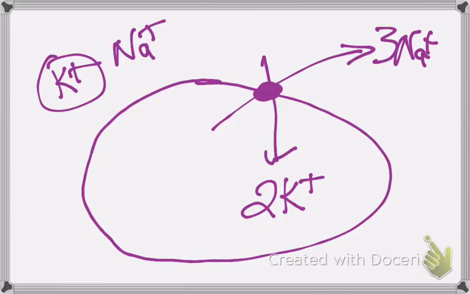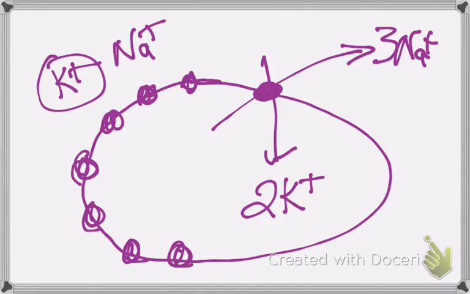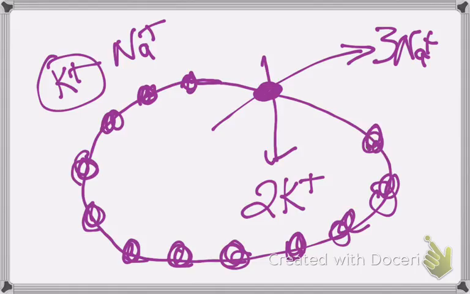Okay, so how many of these pumps do I need? If I have a lot of voltage, 70 millivolts is a lot of voltage, then does it make sense that I have an abundance of these little sodium-potassium pumps? What are they all doing? Pretty much all the time. Whether you're awake or asleep, whether you're sending a nerve impulse or not, they're pumping away. They just pump around the clock.